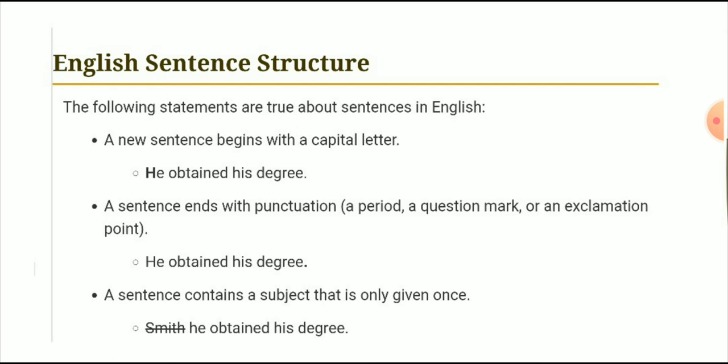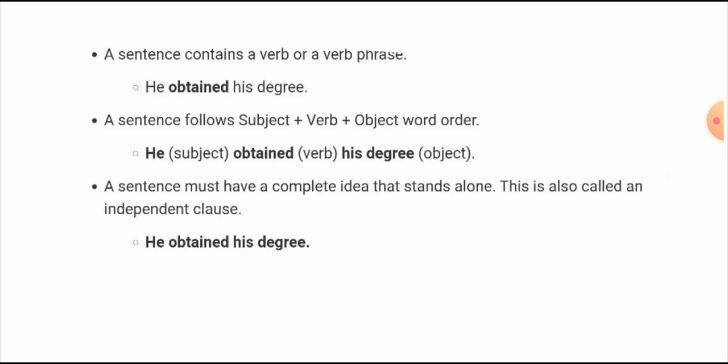He obtained his degree. A sentence contains a verb or a verb phrase. He obtained his degree. A sentence follows subject plus verb plus object word order. He is the subject, obtained is the verb, his degree is the object.